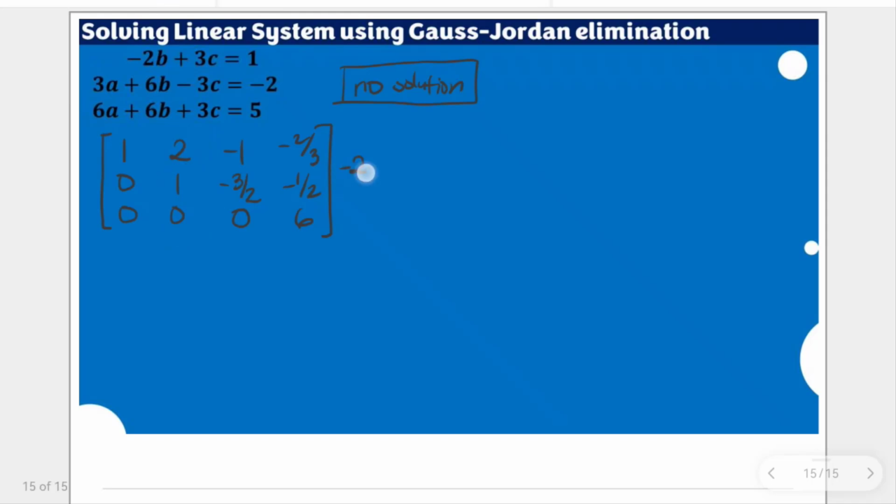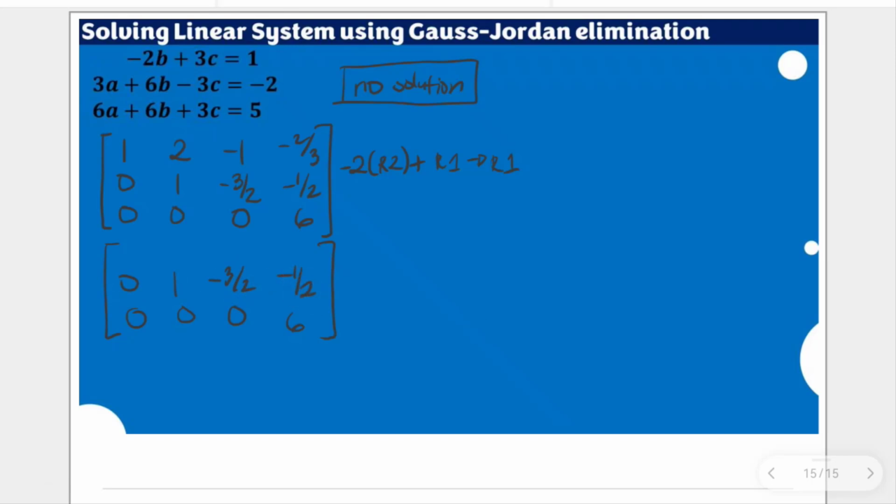We multiply negative 2 to row 2 and add it to row 1 to have a new row 1. Okay, so with that we'll have this. It's still 0, 0, 0, 6. You see, the conflicting statement of the third row is still present for the reduced row echelon form, but let's continue this anyway. 0, 1, negative 3/2, negative 1/2.